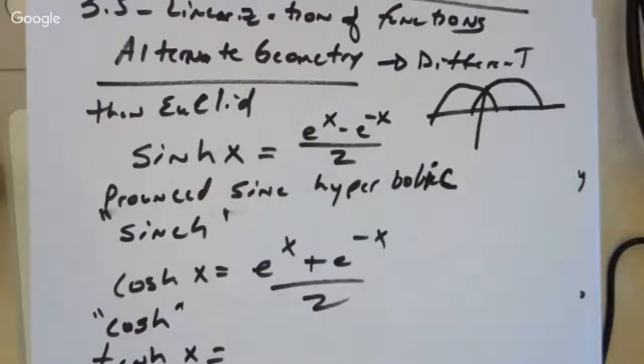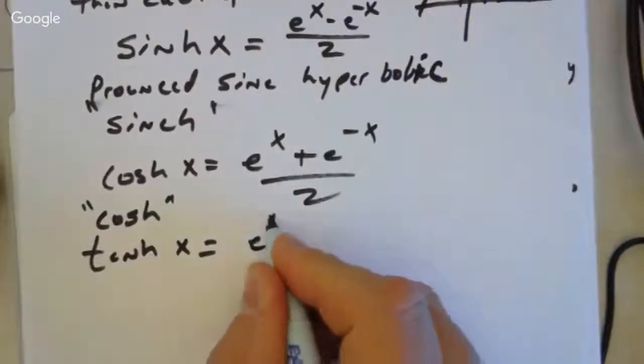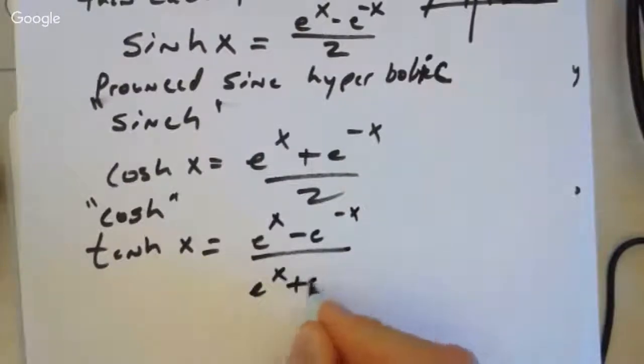Kind of like how it's spelled. The tangent hyperbolic is equal to e to the x minus e to the negative x all over e to the x plus e to the negative x.